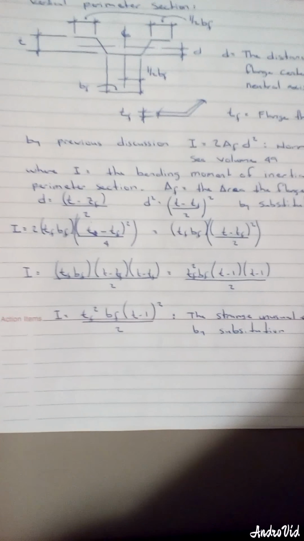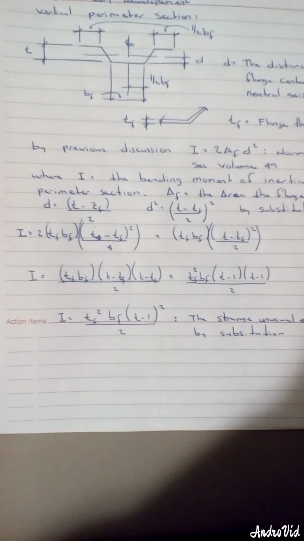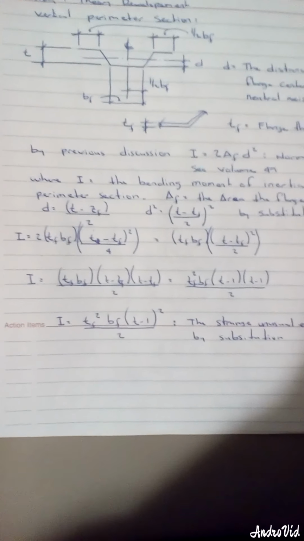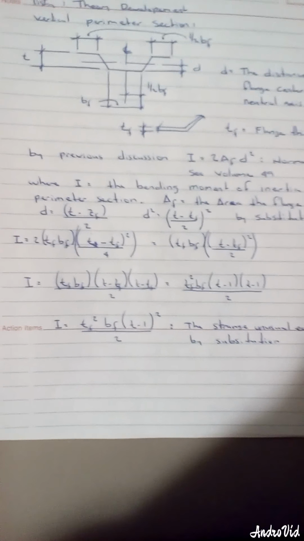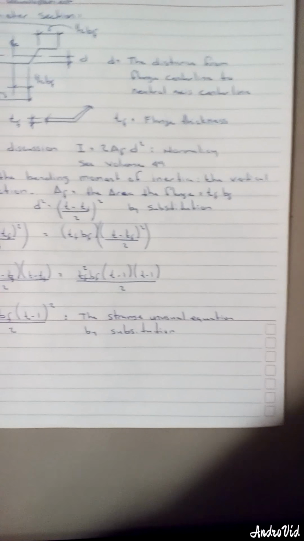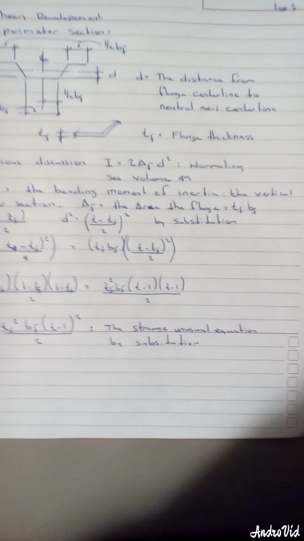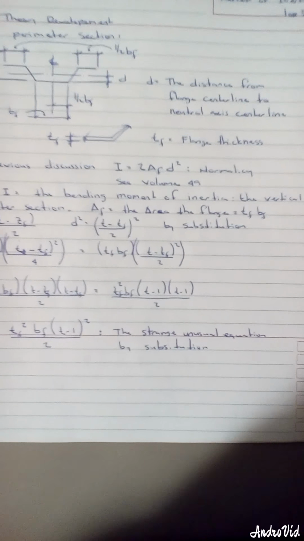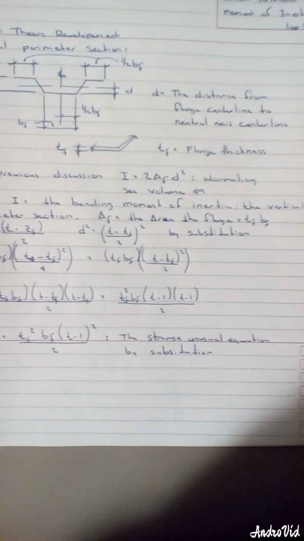It's T minus t sub f divided by 2 squared, and so that actually ends up being T minus t sub f squared, then divided by 4 by algebraic rule. And so then we have the condition the thing becomes t sub f b sub f times the whole quantity, T minus t sub f squared, then divided by 2.